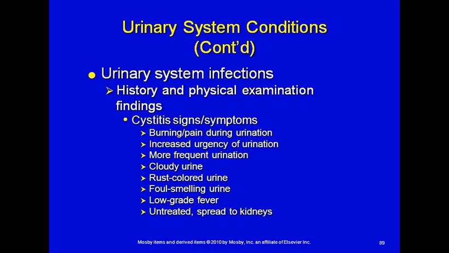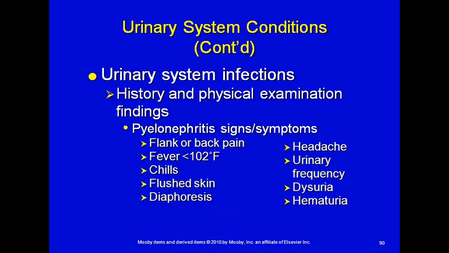Go for a history and physical exam to know whether they have a urinary system infection. They might complain of burning pain during urination or increased urinary frequency, cloudy urine, rust-colored urine, foul-smelling urine, low-grade fever, and if left untreated, the cystitis will spread to the kidneys, causing a pyelonephritis.